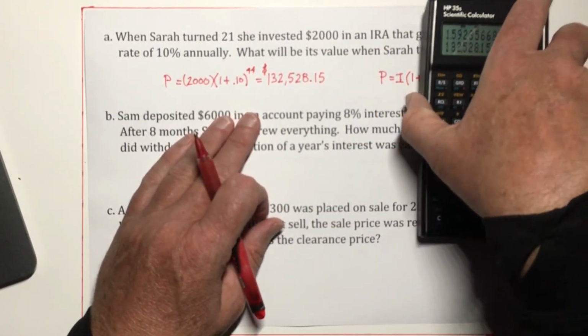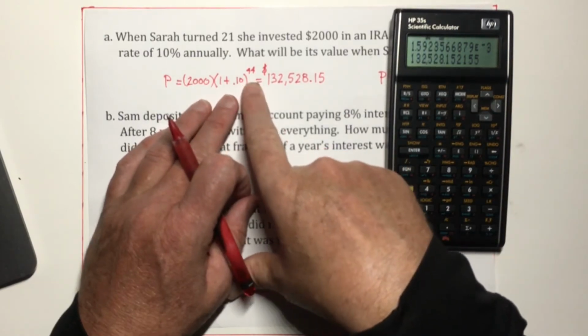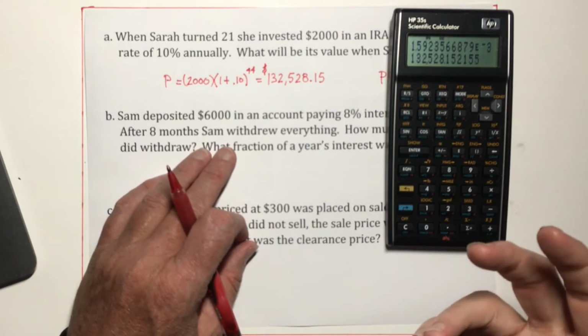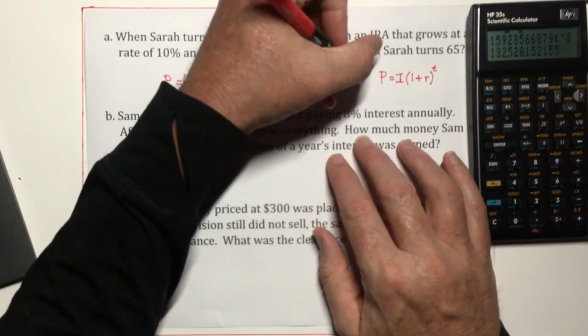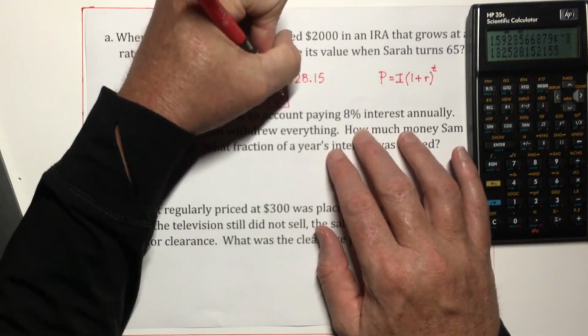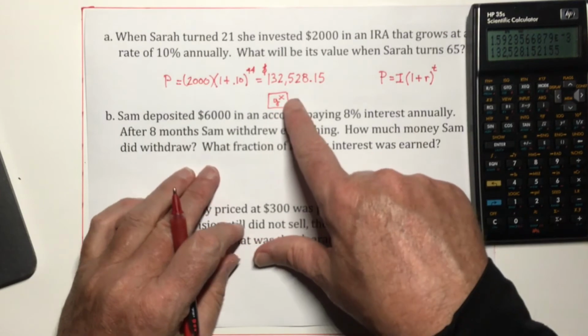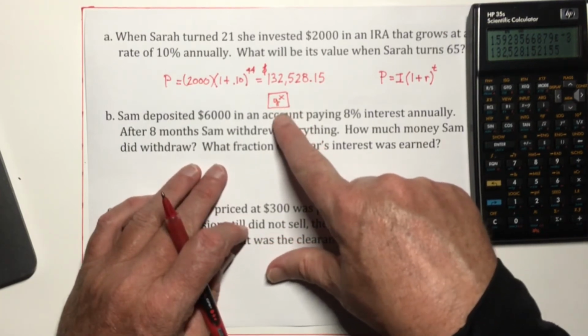Now, a couple things. This ability to take something and raise it to, say, the 44th power, on your calculator, it'll be different. My calculator has a button that says y to the x. So I just plug in the y value 1.1 and I plug in the 44 and just tell it to do that.